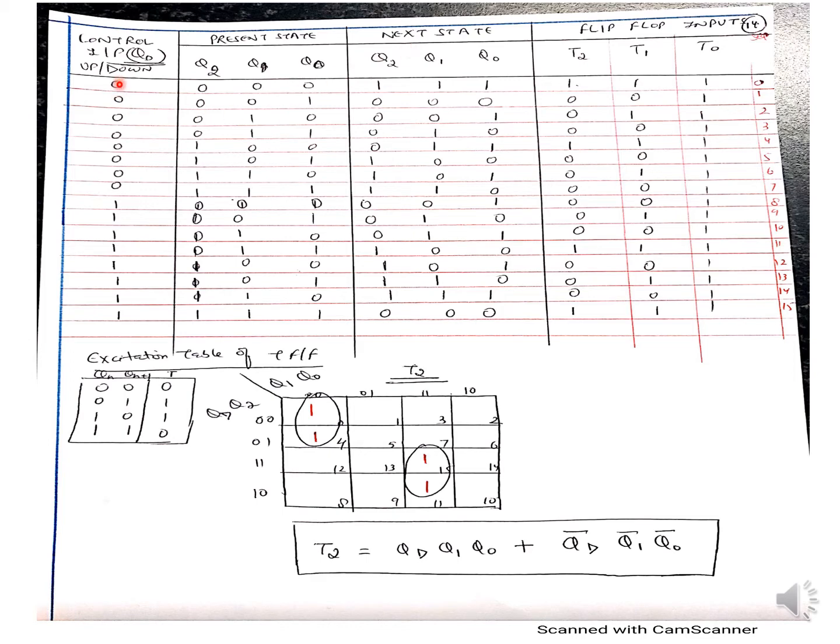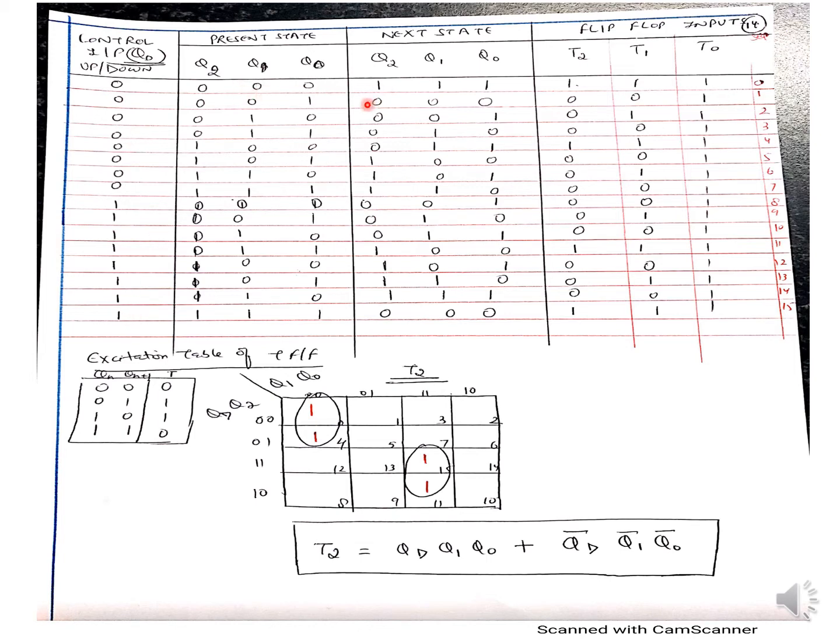Because it is counting up and down, and I told you that if it is 1, it will count the up sequence, and if it is 0, it will count the down sequence. So for 8 places I will write 0 and then 8 will be 1. So 8 times it will be 0, and 8 times it will be 1.